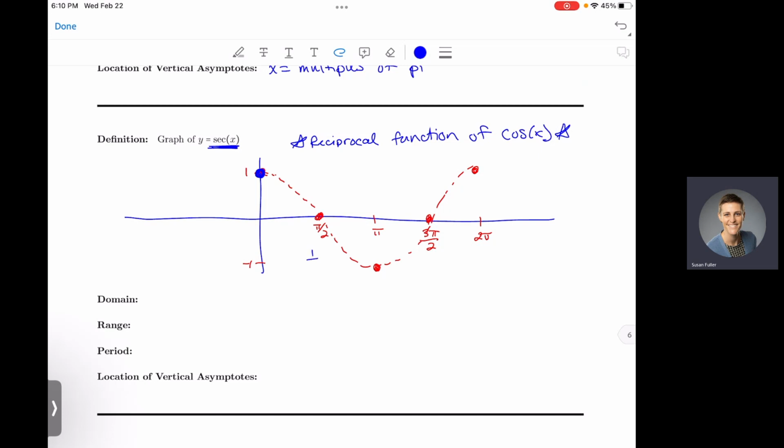That is 1 divided by 0. This is undefined, which means we are going to have a vertical asymptote here. If x equals pi, the cosine of pi is -1, which means the secant of pi is the reciprocal of -1. The reciprocal of -1 over 1 is 1 over -1, which is still -1.